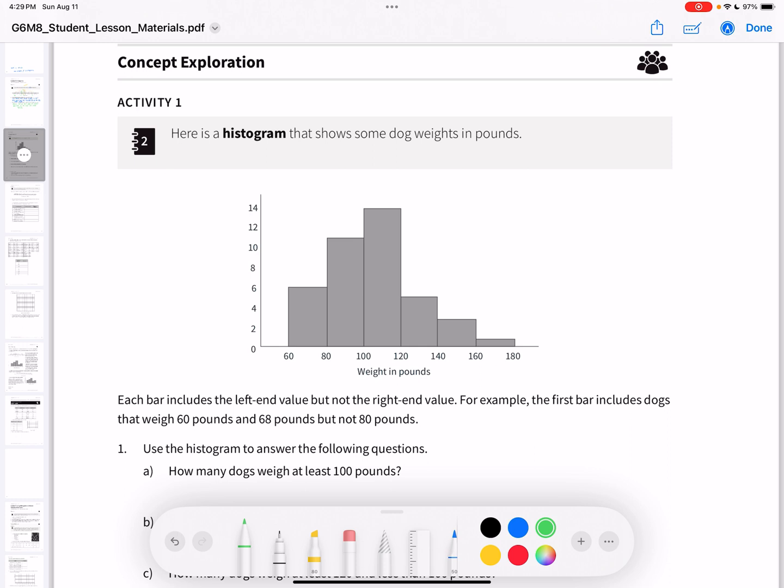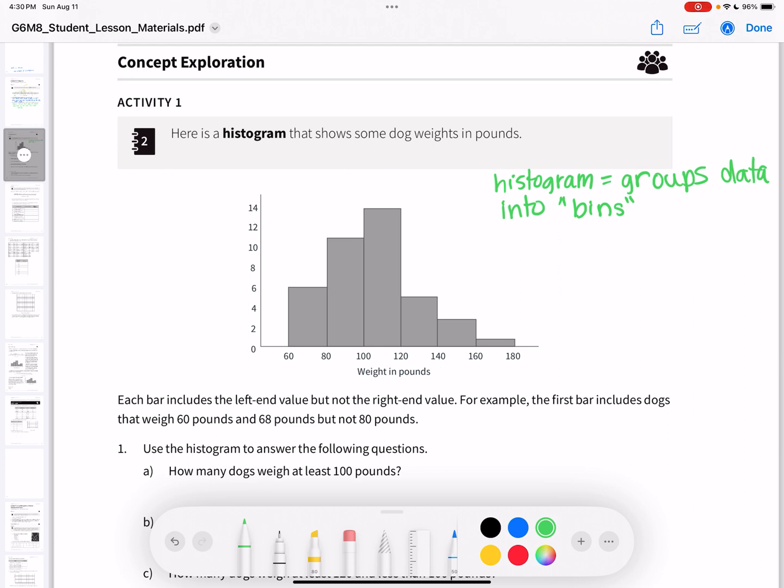So a histogram groups data into what they like to call bins. So it's groups of data where a dot plot shows us individual data points.